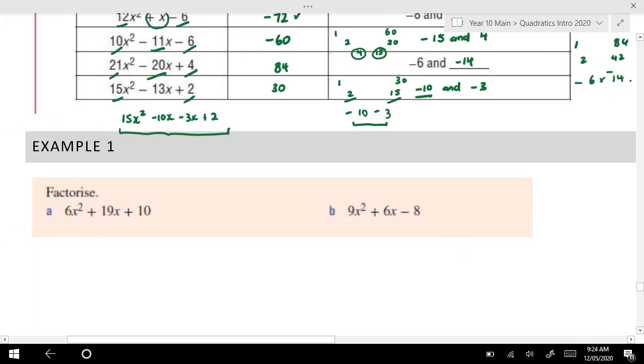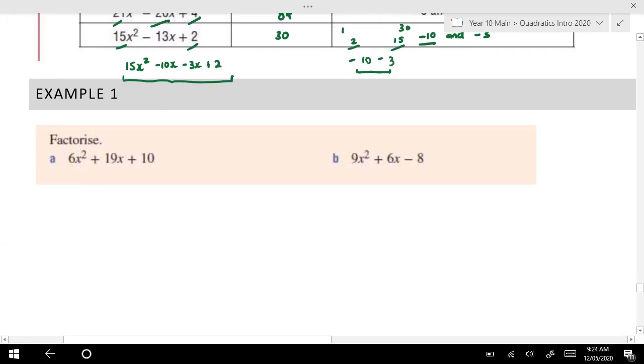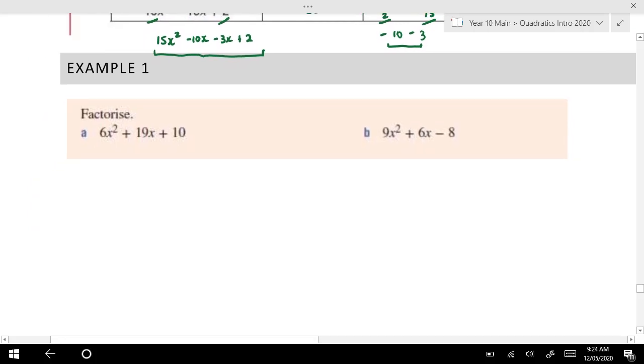All right, so now let's get into it. So here's our non-monic trinomials. Let's think about this process. First of all, we can write that A is equal to 6, B is equal to 19, and C is equal to 10.